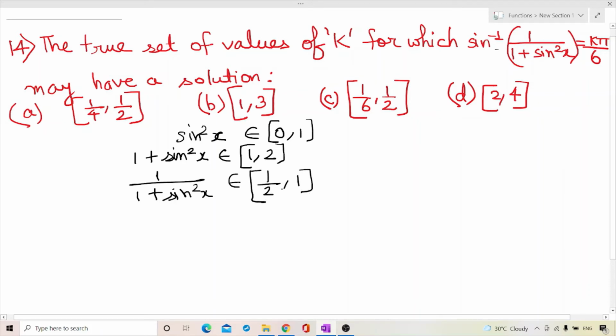The reciprocal of 1 is 1 only. So now we have to take sine inverse of this. So sine inverse of 1 upon 1 plus sine square x will belong to sine inverse of 1 by 2, that is from pi by 6 to pi by 2.